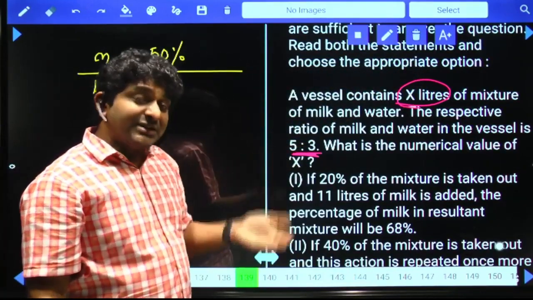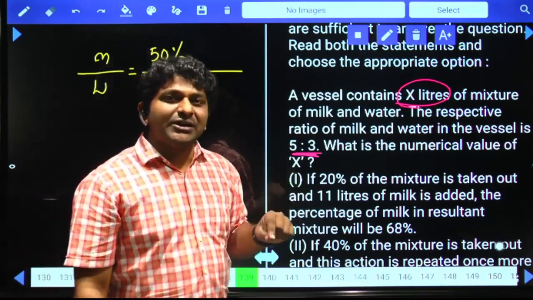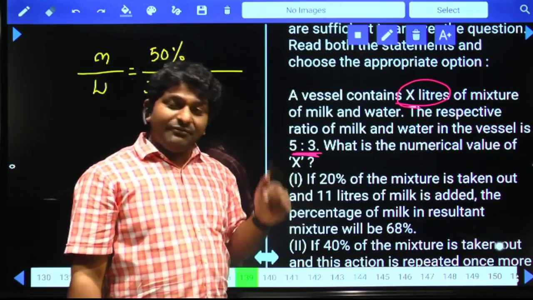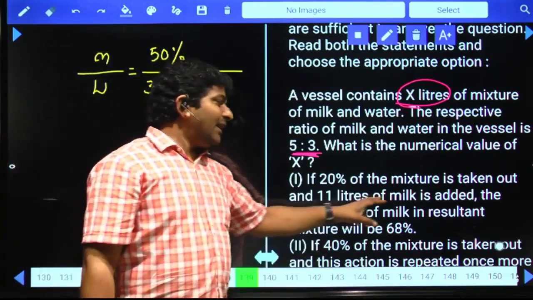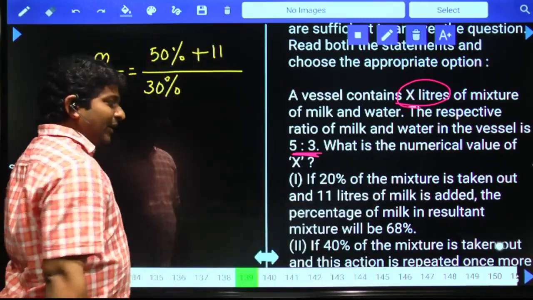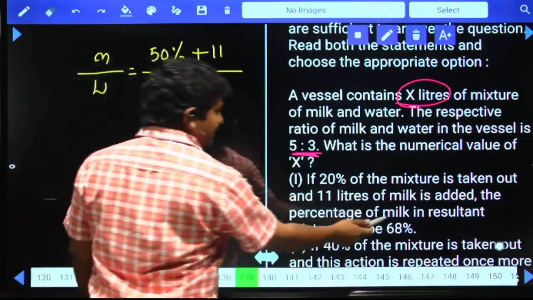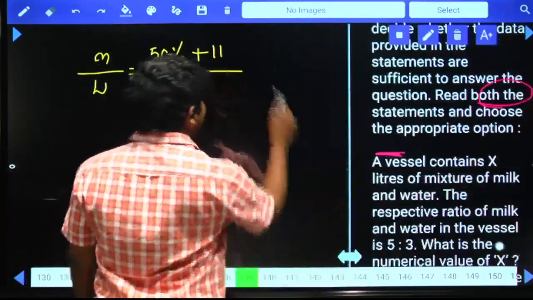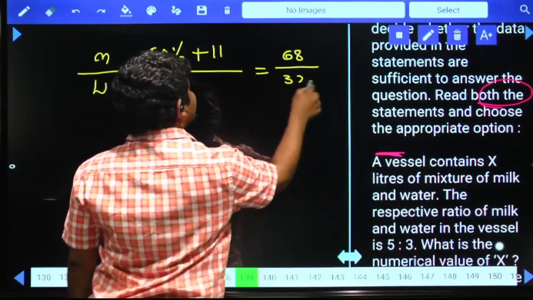When you take 20% out, even in that 20% it has to be 5:3, and the remaining 80% is also 5:3. Now 11 liters of milk is added to this. The resultant percentage of milk in the resultant mixture is 68. So if milk is 68%, water is 32%.